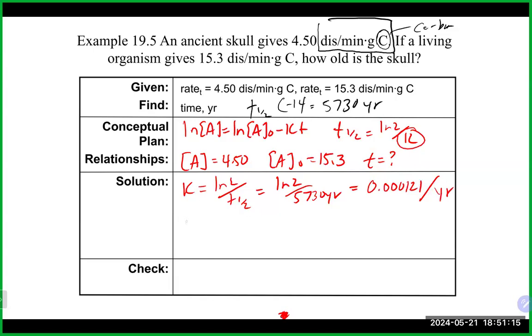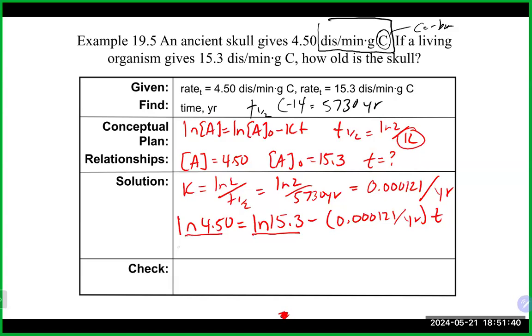With that, we could put in what we need here. Natural log of 4.5 equals the natural log of 15.3 minus our decay constant times t.